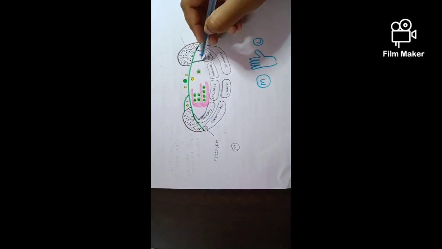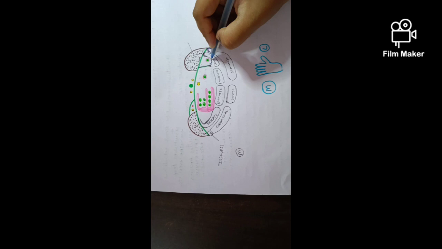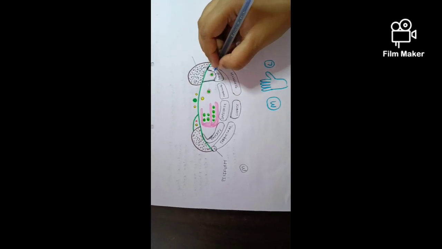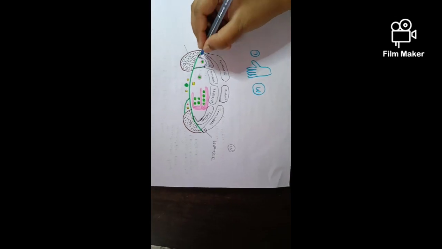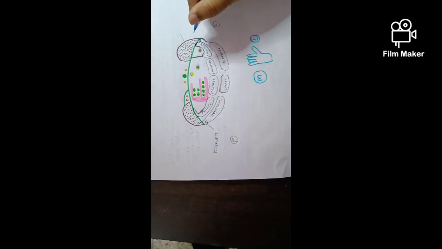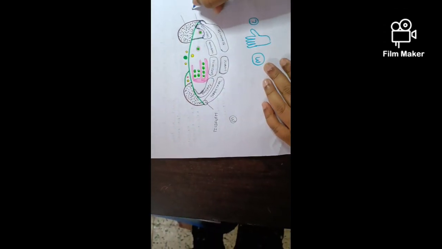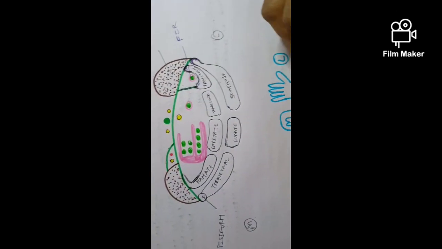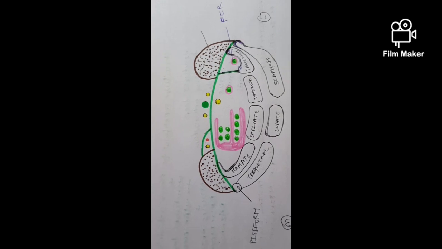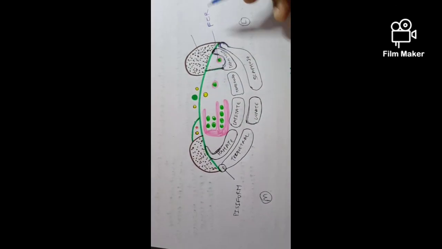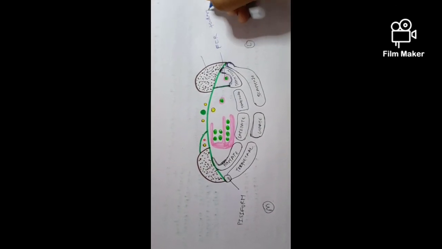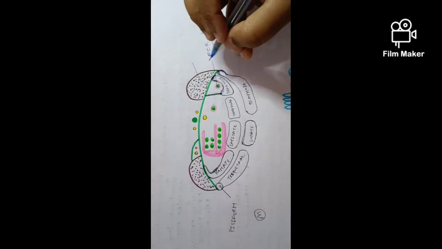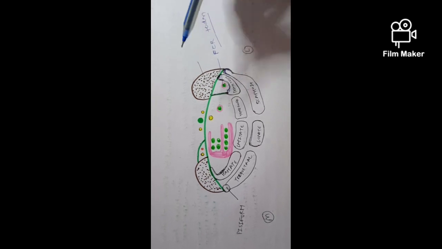So it gets attached to the medial lip of the groove of the trapezium, and the structure passing in the groove is the tendon of the flexor carpi radialis, because this is the radial side. The radius is on the thumb side, so the flexor carpi radialis tendon is shown in green, and here is a covering of bursa. It is the right side, so it is the radial bursa.